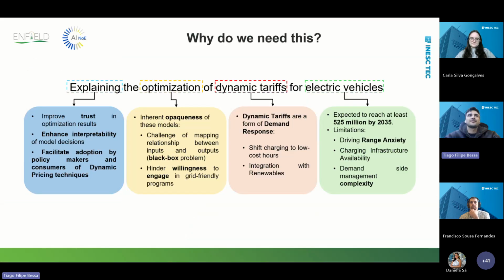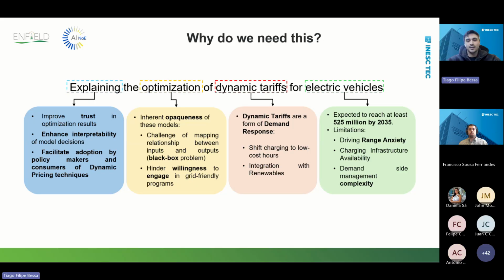So I think we should start by dividing the title of this presentation into several parts and start by the electric vehicles. We all know that electric mobility has been rising, has been increasing, but we do still face some limitations like driving range anxiety, the availability of charging infrastructure, and the complexity that comes with managing that charging demand.